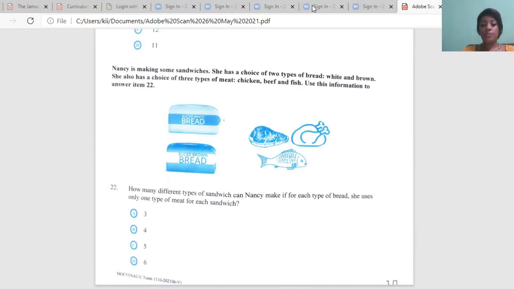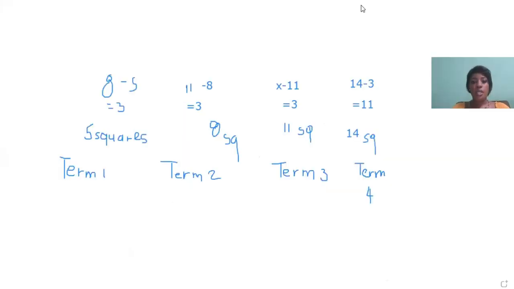Let's go. I'm going to clear my whiteboard. All right, I could have a white bread, I'm going to use W for white, and then a fish sandwich. That's 1 sandwich. I can also have a white bread and a chicken sandwich.